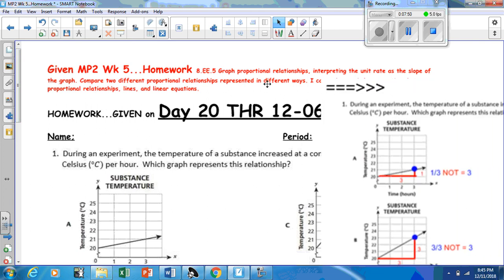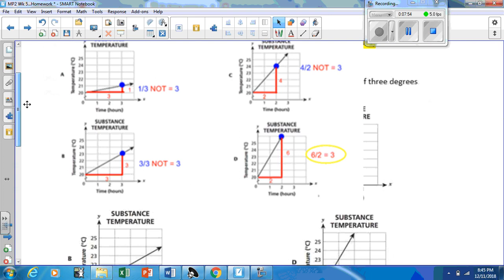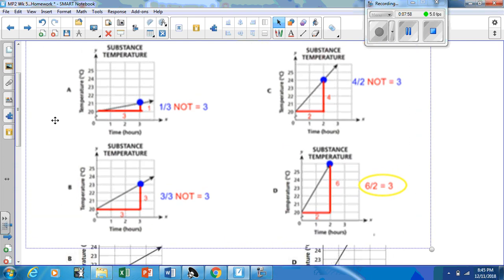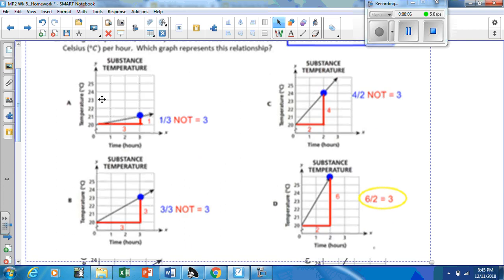I'm looking for a slope of 3. My rise is 1, my run is 3. That's 1 over 3. That's not close enough. Looking for a slope of 3. My rise is 4, my run is 2. That's 2, and 2 is not equal to 3. Again, my rise is 3, my run is 3.